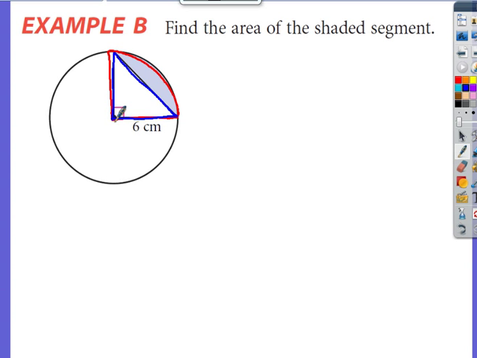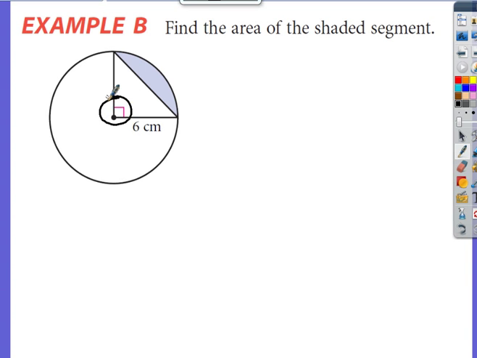Well, if the radius is 6 centimeters, then both of these are 6 centimeters. So now this is a problem that we can solve because first we want to find the area of the sector. It's 90 degrees.